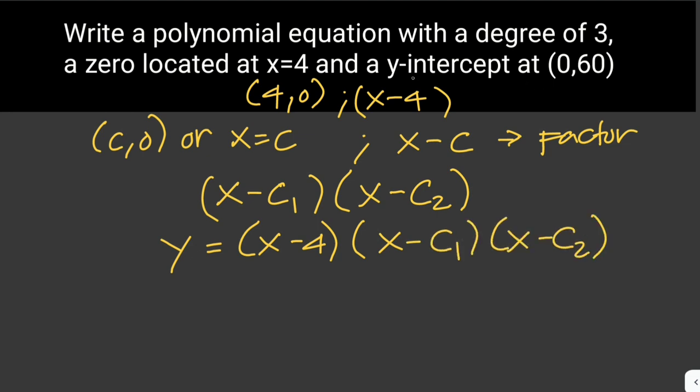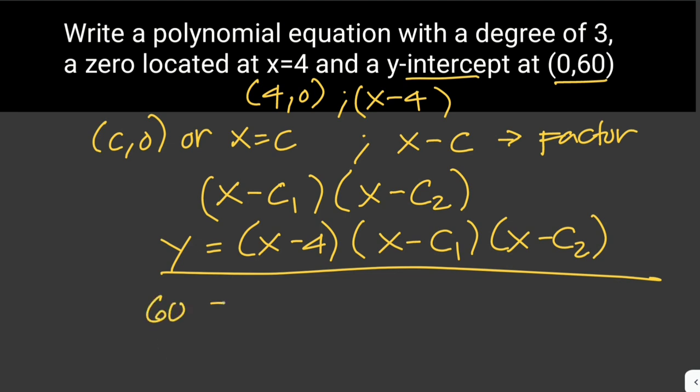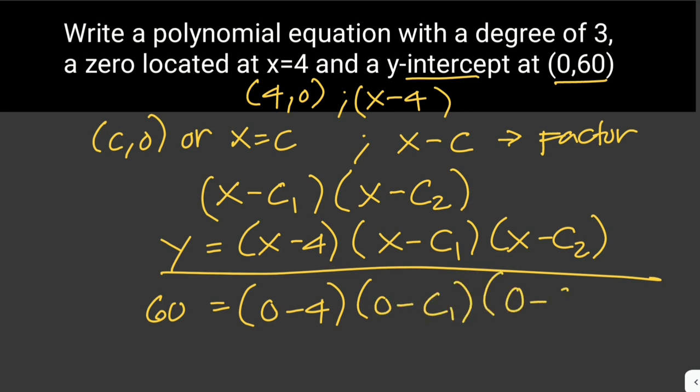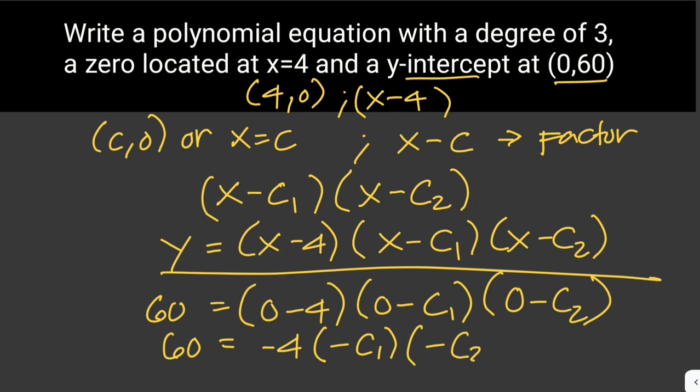But we're given the y-intercept at (0, 60), so we can just plug in the ordered pair. Let's plug in 60 for y and 0 for x: 60 equals 0 minus 4, 0 minus c1, 0 minus c2. So 60 equals negative 4 times negative c1 times negative c2.